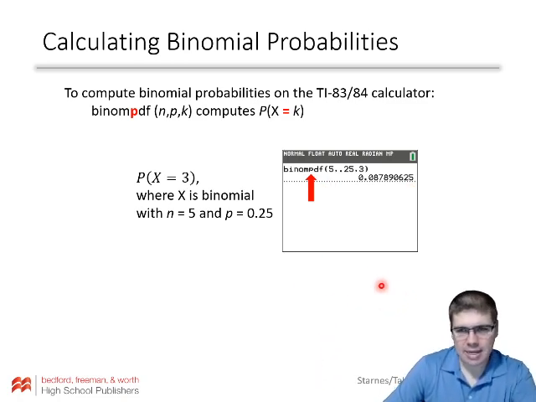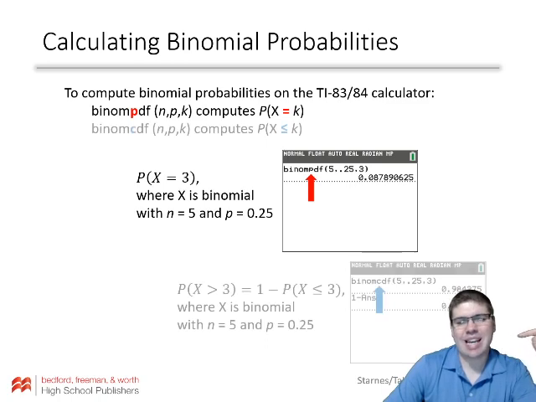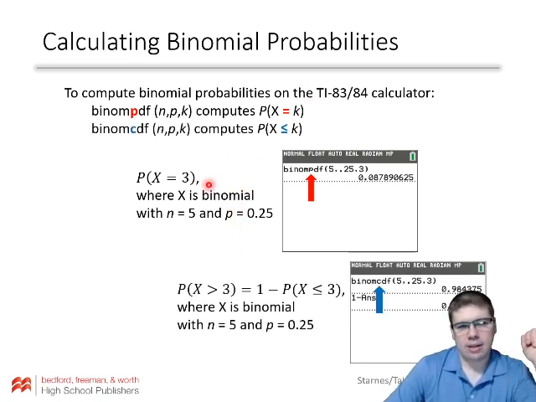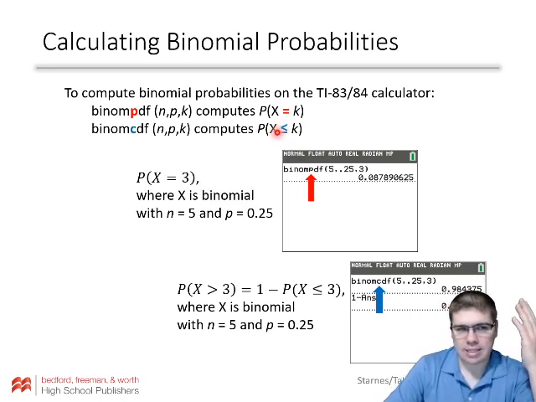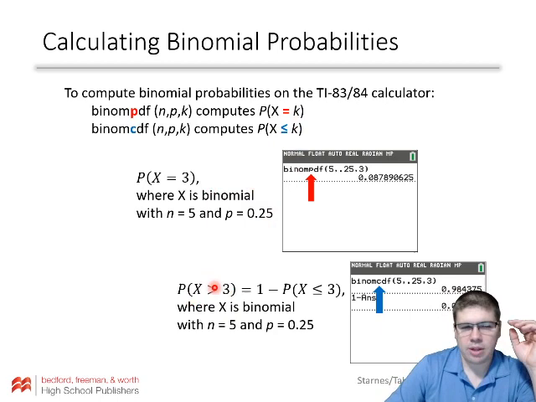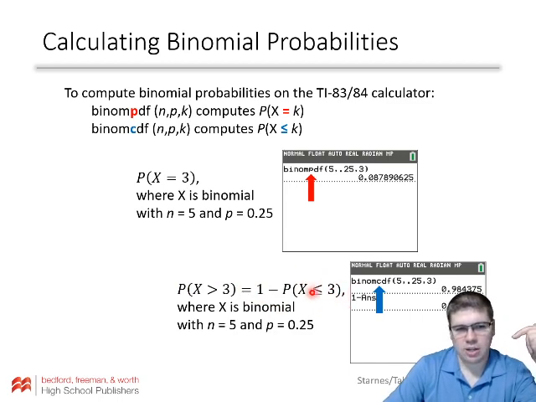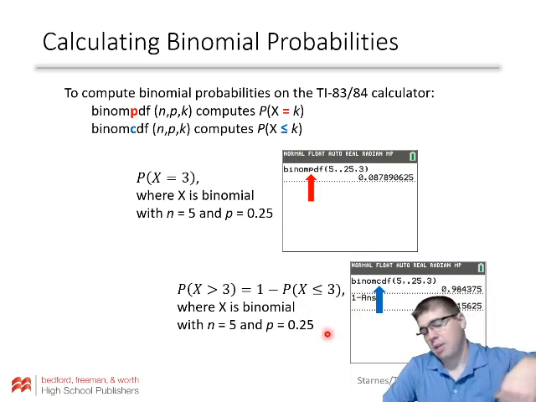That's binompdf. If you tap over to binomcdf, that's the cumulative distribution function. What it does is less than or equal to. It's cumulative up to that point, including that point. So if you want to do greater than 3, what we want to realize is that's the complement of less than or equal to 3. So I can calculate a binomcdf with 3 or below, and then if I do 1 minus that, that'll give me greater than 3.